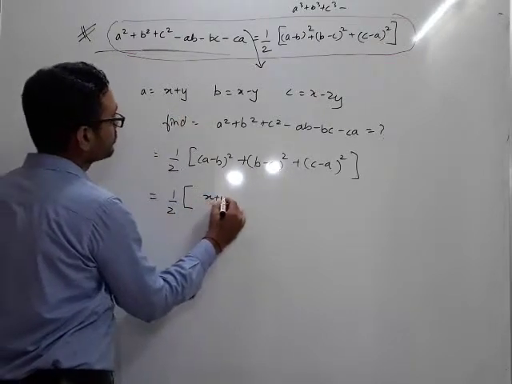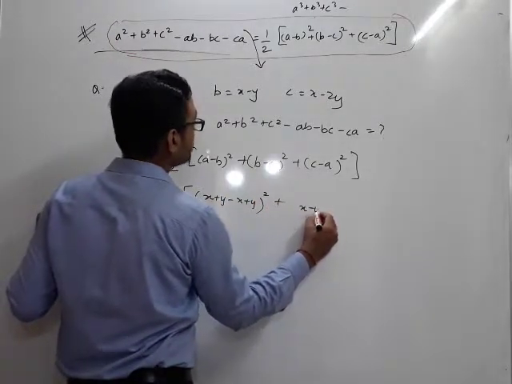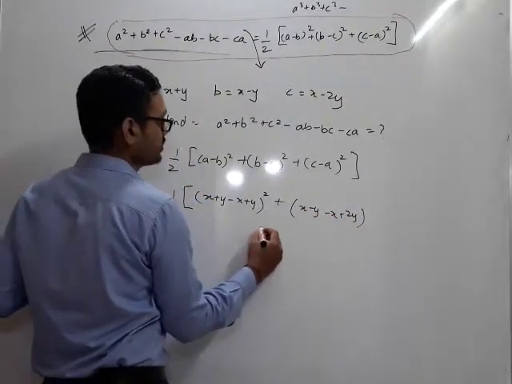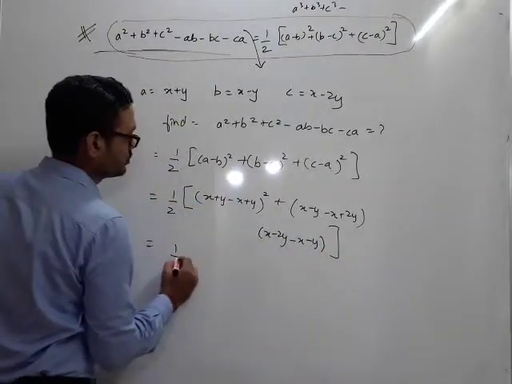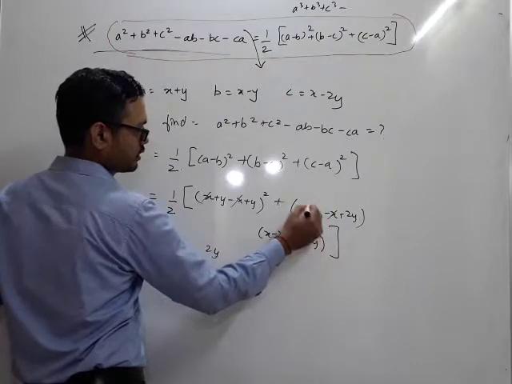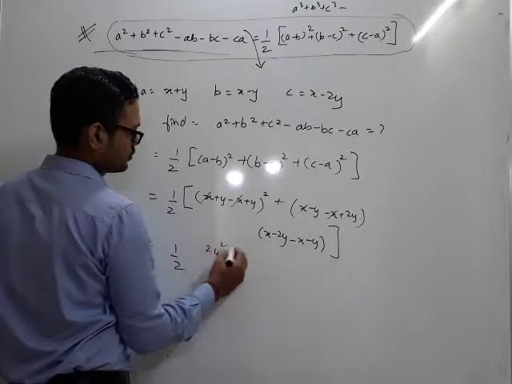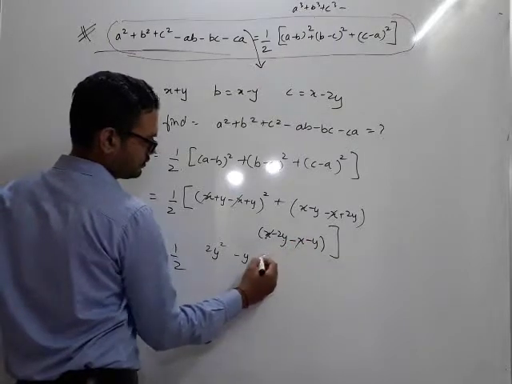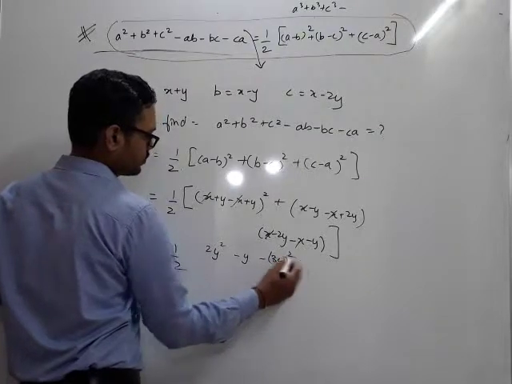Let's do it. a minus b is x plus y minus x plus y, b minus c is x minus y minus x plus 2y, c minus a is x minus 2y minus x minus y. So it is half of, this gets cancelled, it is 2y, this gets cancelled, it is y square minus y, and this is minus 3y square.